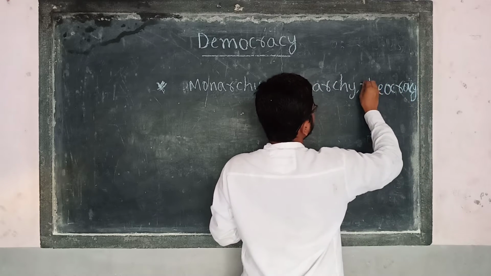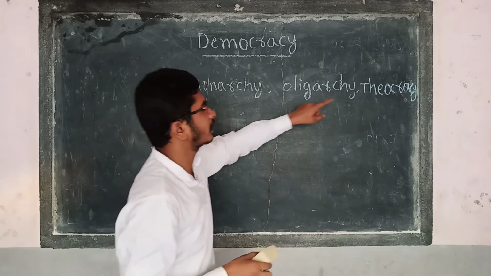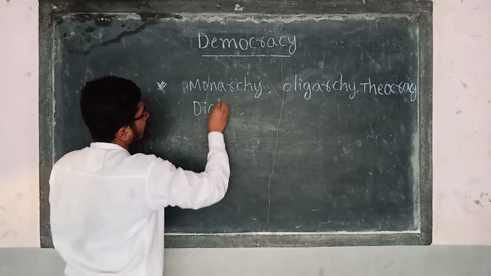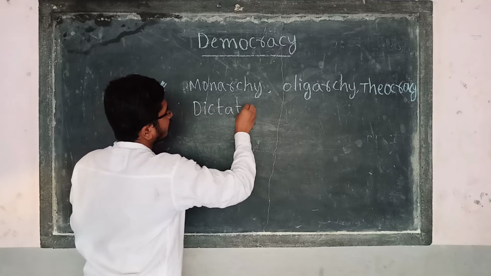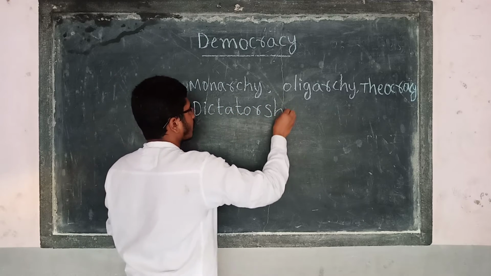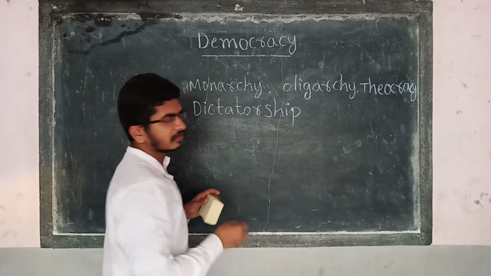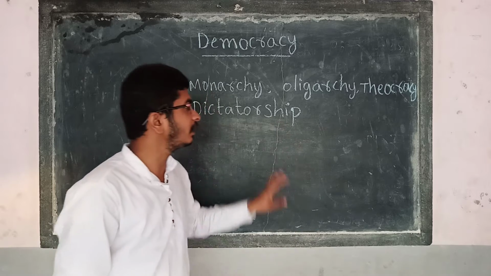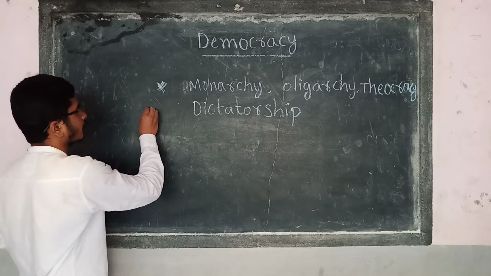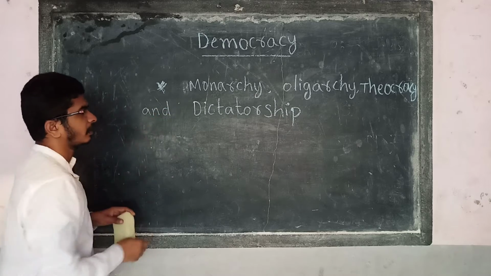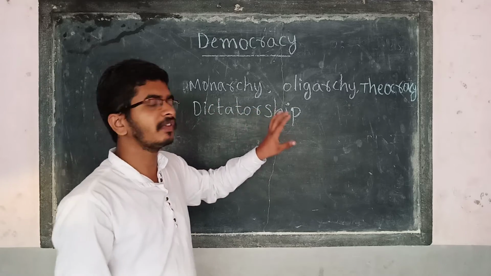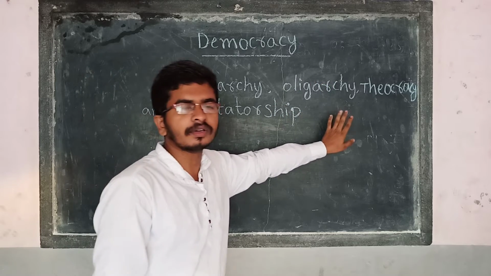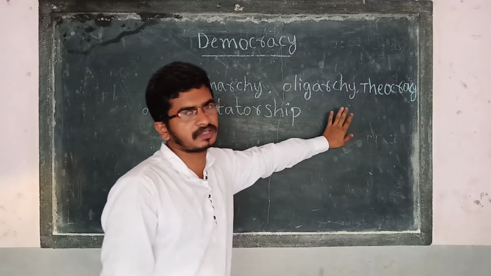In the previous video we already learnt about the monarchy, oligarchy, theocracy and dictatorship, and democracy also. But here we are taking only these four. We are not talking about democracy. Clear?